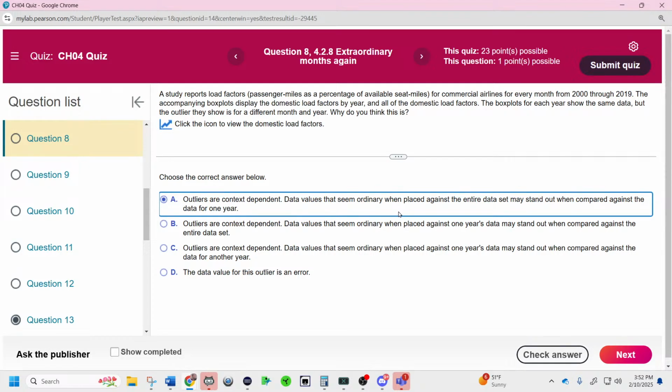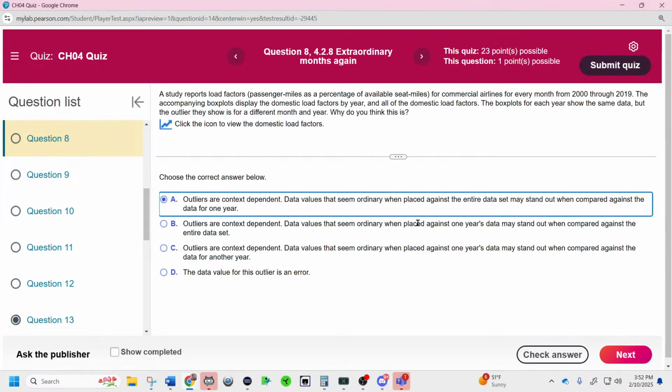Data values that seem ordinary when placed against the entire data set. That's what we saw, right? Kind of both these are answers. No, this one's wrong. Okay, so we're really between these two.